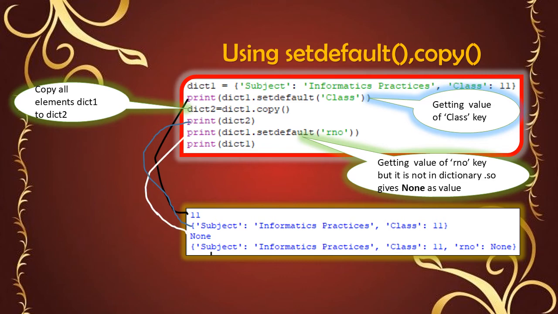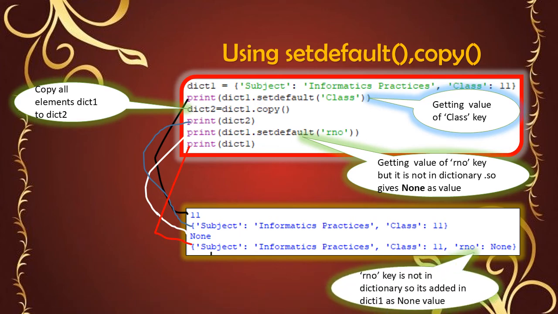At the same time, if the key is not present in the dictionary, then that key will be assigned automatically with the none value. So now we are displaying dictionary 1. You see here RNO colon none, because it was not present already, so it is assigned the default value none.